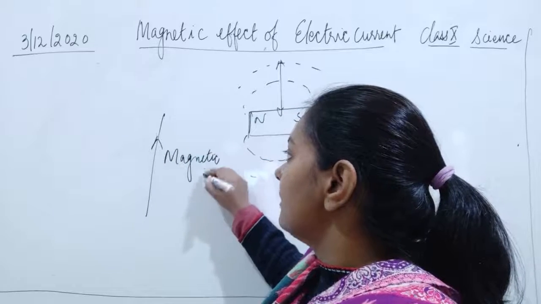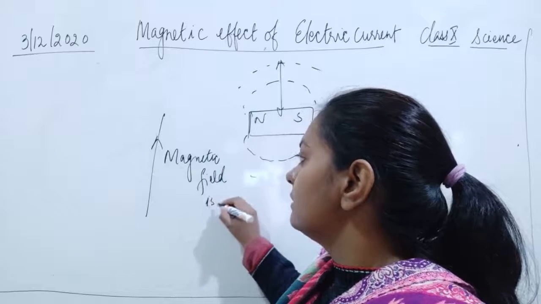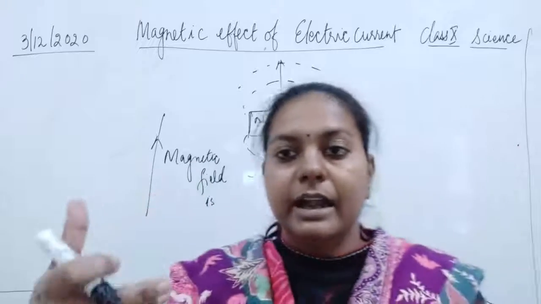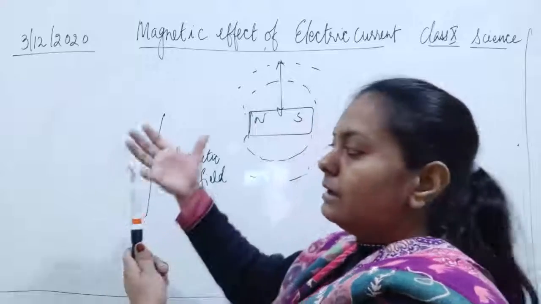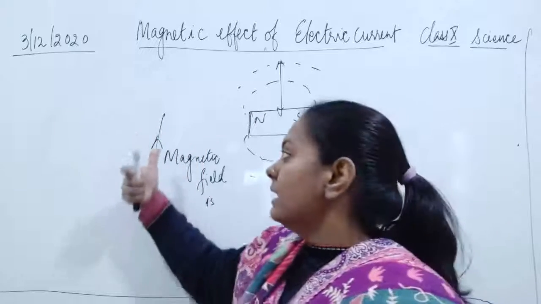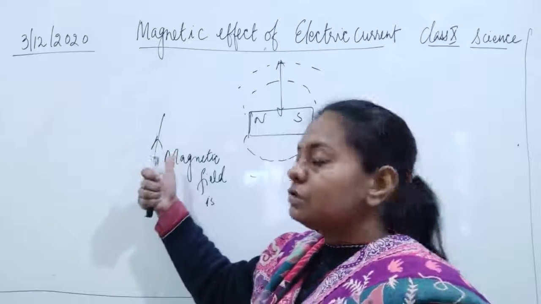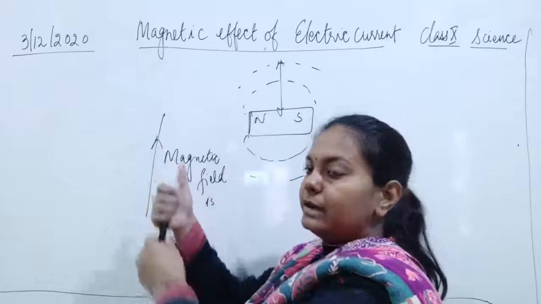The direction of the magnetic field is found when we hold this current carrying conductor in our right hand with the thumb pointing in the direction of the current. For example, if this is a current carrying conductor held in the right hand and the current is passing in the upward direction as drawn here, the fingers are going to tell us the direction of the magnetic field.